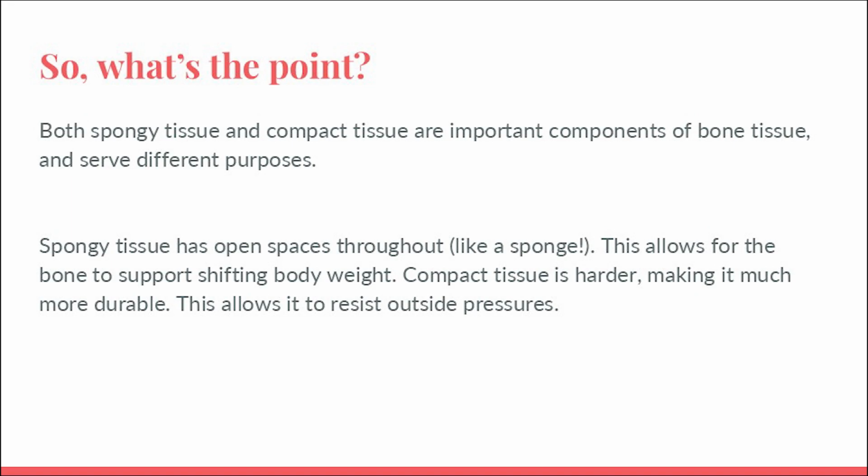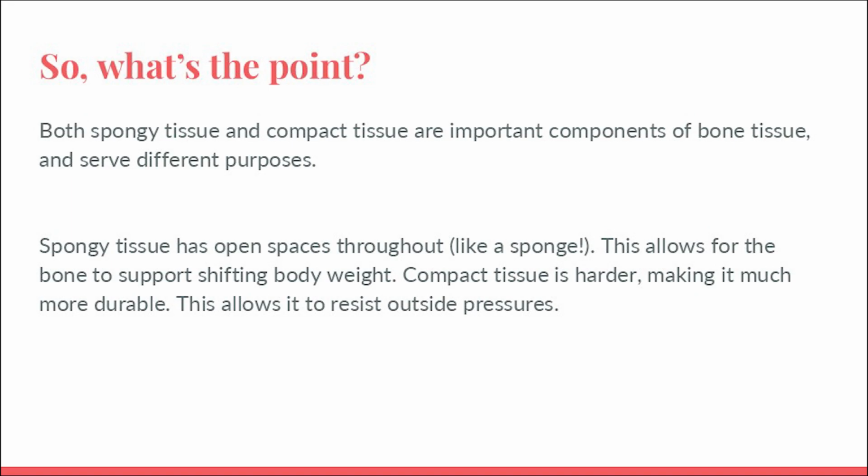And then compact tissue is much harder, much more dense than spongy tissue, and it is much more durable than spongy tissue. So compact tissue being harder, more durable, and more dense allows it to resist outside pressures. So these two have different strengths and they work together to prevent bones from breaking as best they can.